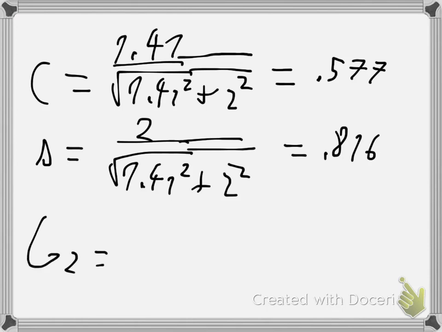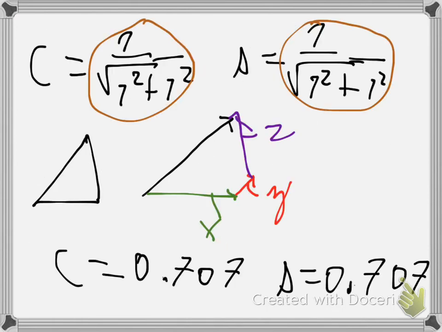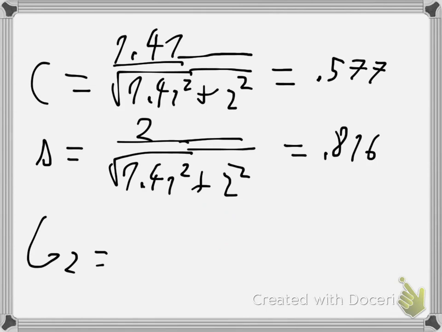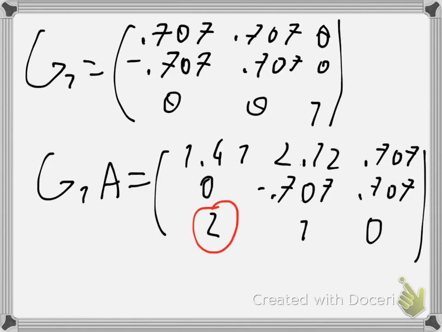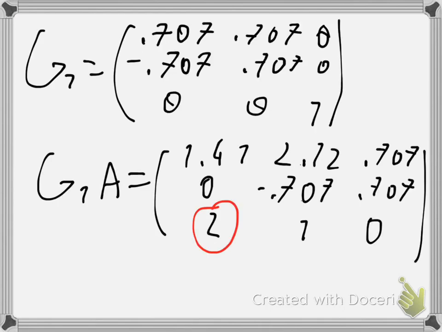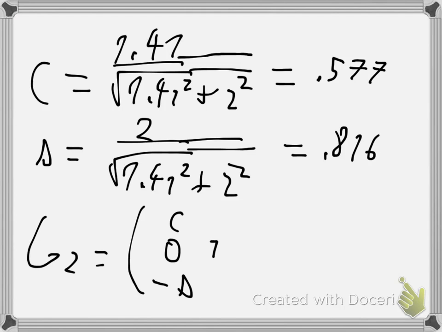Okay, and now our second given rotation, G2. Remember, our minus sign is always in the place where we want to eliminate the element. So here our matrix will be cosine, 0, sine, 0, 1, 0, minus sine, 0, cosine.